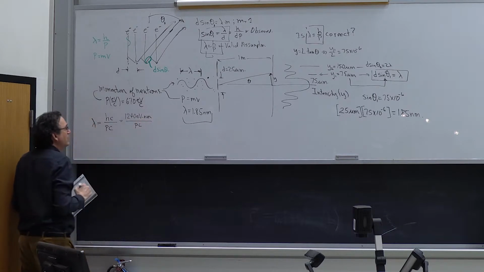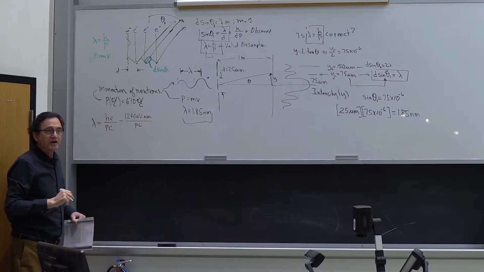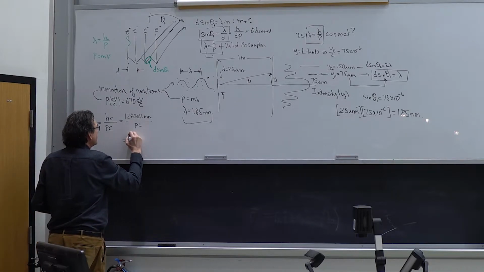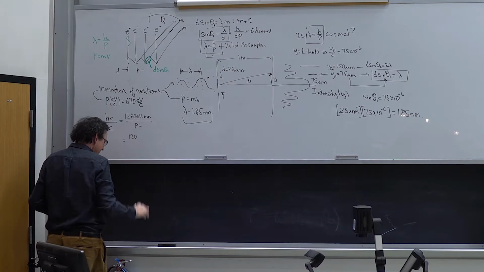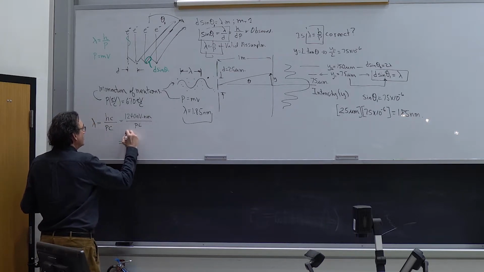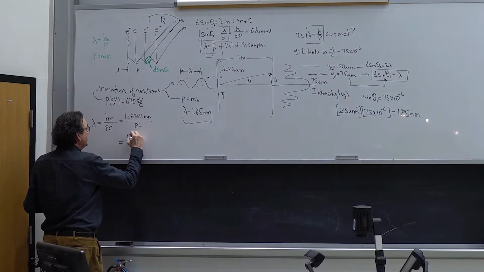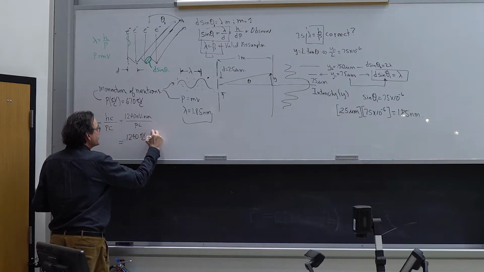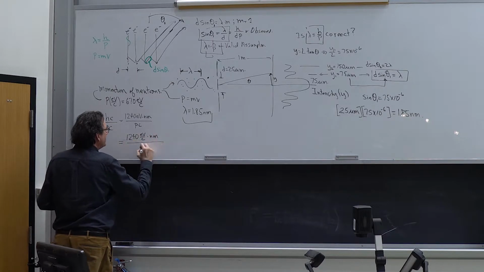Now I'm going to divide numerator and denominator by c. Then I get that this is 1240 eV over c nanometers divided by p.